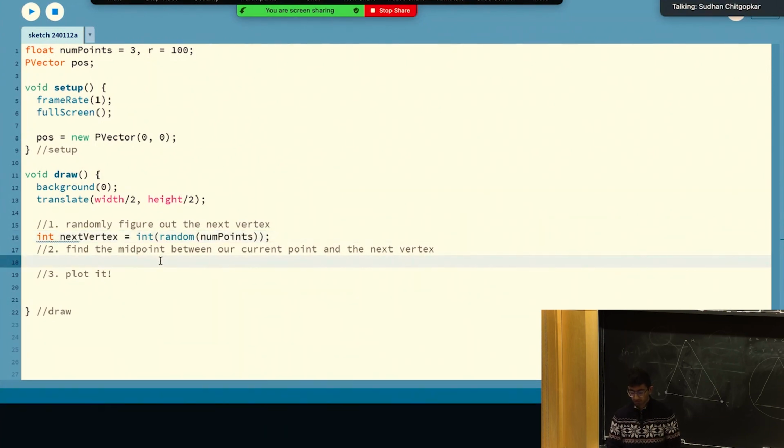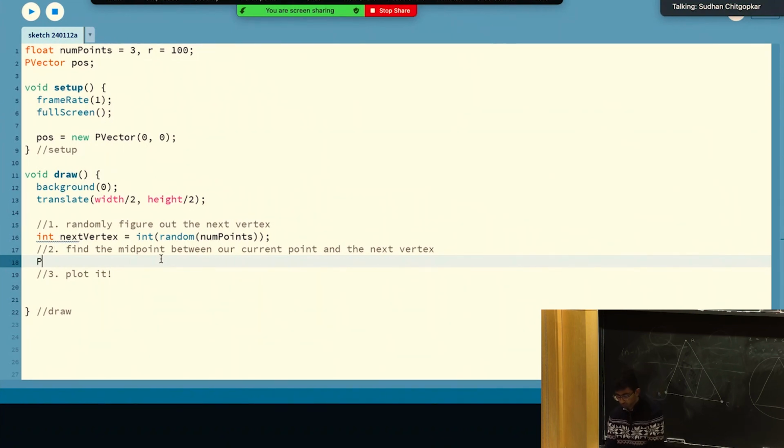Now we need to do step 2. We need to find the midpoint of our current point and the next vertex. In order to do that, we actually need that next vertex's coordinates. We were able to generate all of the coordinates using our for loop, but we don't want to do that here. We want just a specific coordinate.